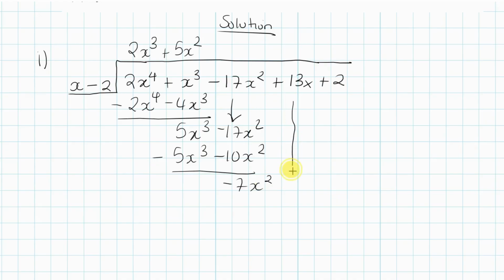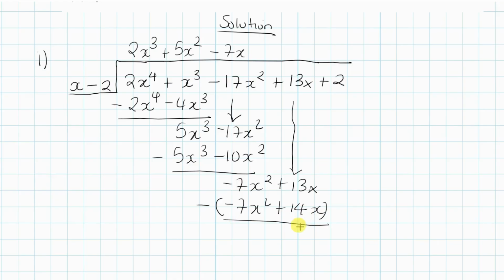Then you bring down your 13x. So now negative 7x squared divided by x is going to be negative 7x. Negative 7x times x minus 2 is going to be negative 7x squared plus 14x. Then you're going to subtract everything inside.